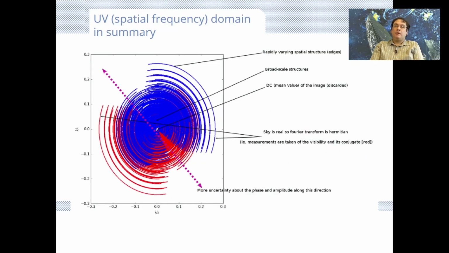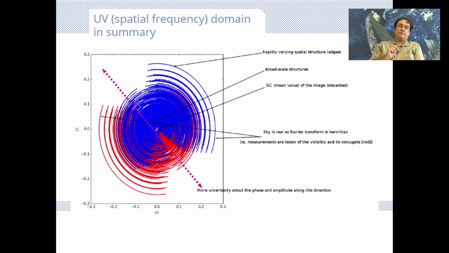Now, as I said, the edge of the space measures all the fine-scale structure, the rapidly varying structure in the sky, whereas the center measures all the broad, fluffy structure in the sky.